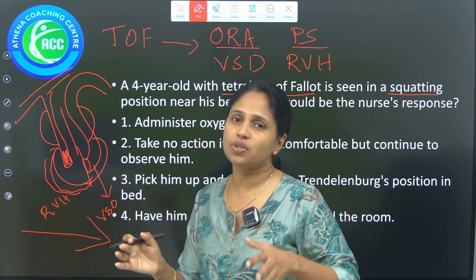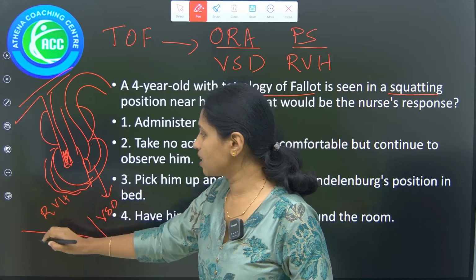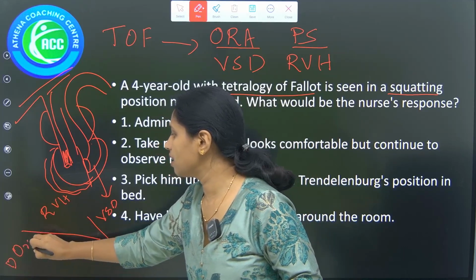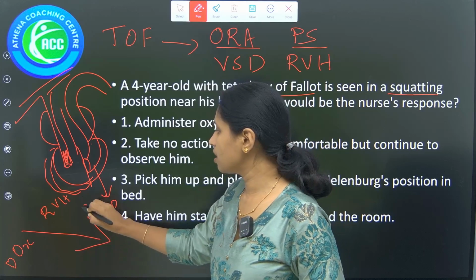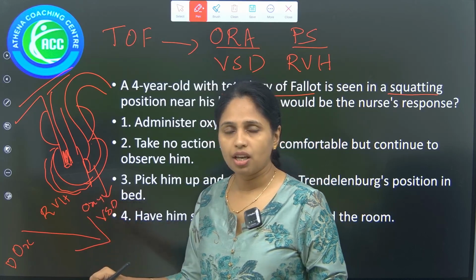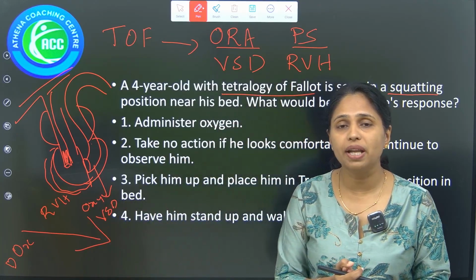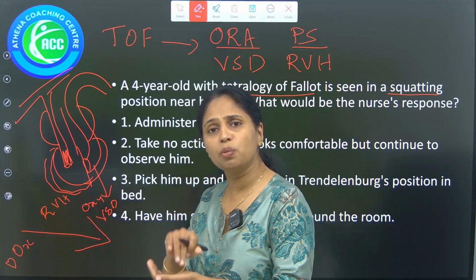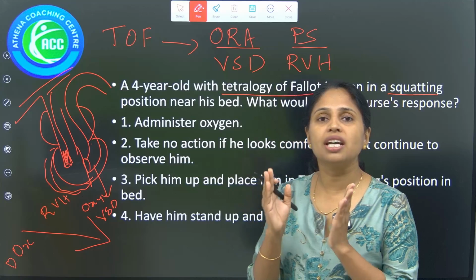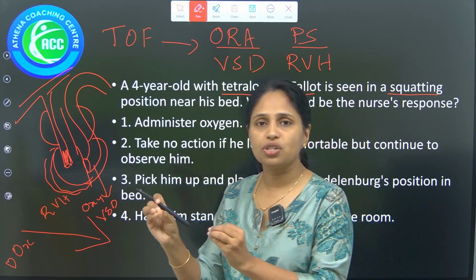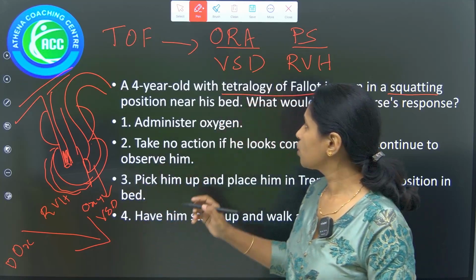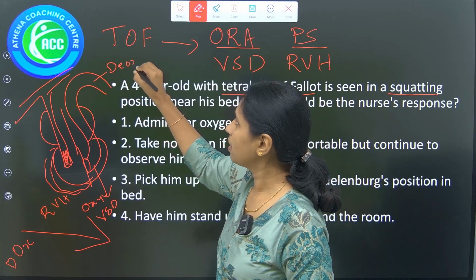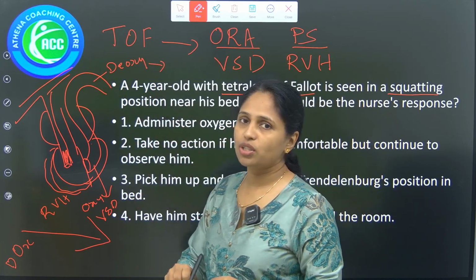The aorta receives deoxygenated blood, because deoxygenated blood is coming and mixing with the oxygenated blood. So the aorta receives deoxygenated blood. So, what happens?